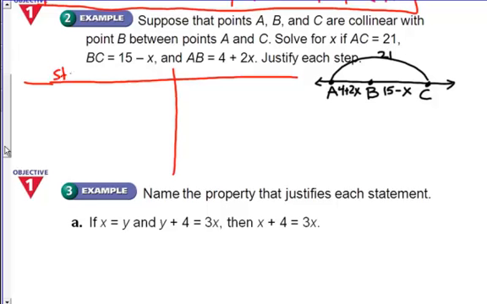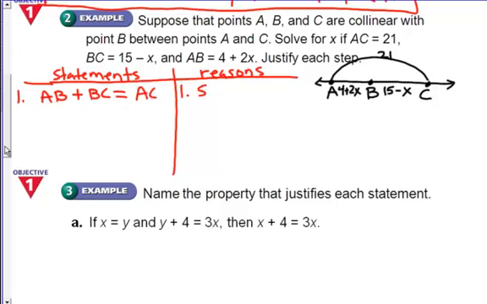These are my statements. These are my reasons. Okay, I need something to start with, and now that I have a picture and I'm working with segments, I'm going to start with the segment addition postulate. I know that AB plus BC is equal to AC.